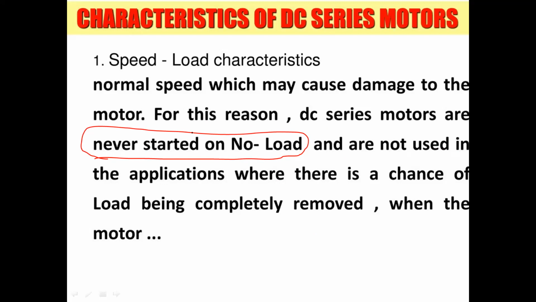So small armature current means dangerously high speeds that will damage the motor. To avoid that, the motor is started with minimum load, which means minimum armature current, so the speed is normal.